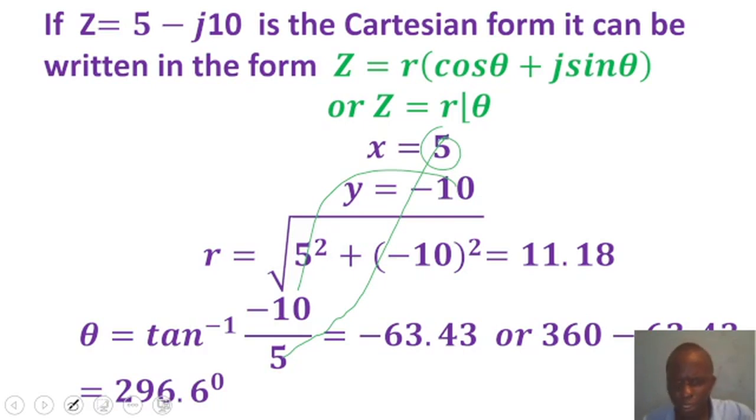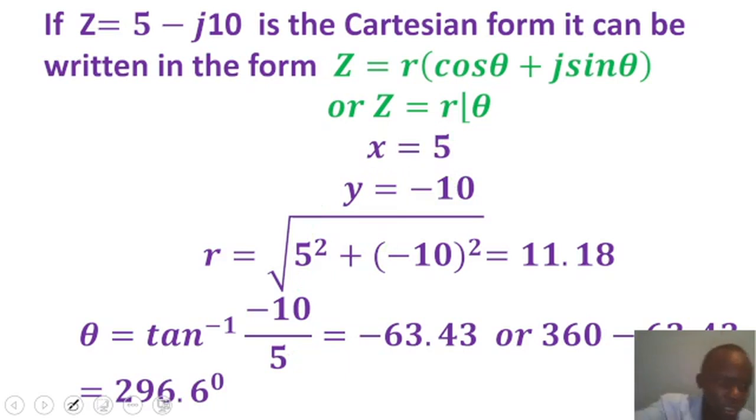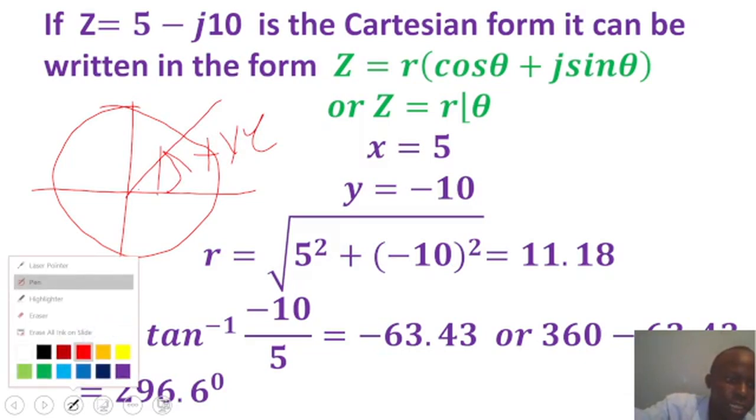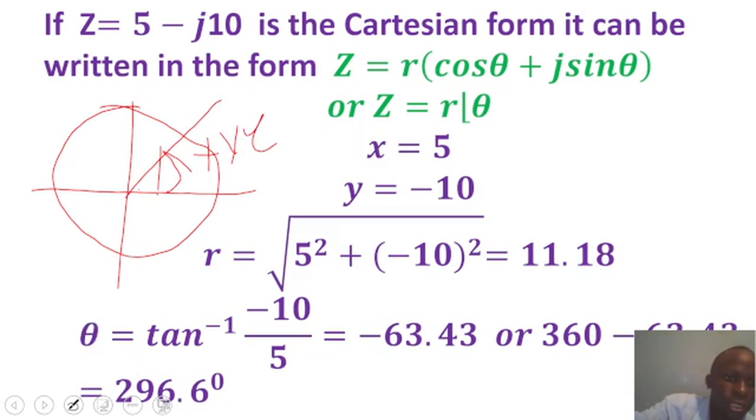Now, there's something that is coming out here. Allow me to explain something else. Assuming that is the Cartesian plane, and that is a unit circle, in that direction the angles are positive, and in that direction, it is negative.